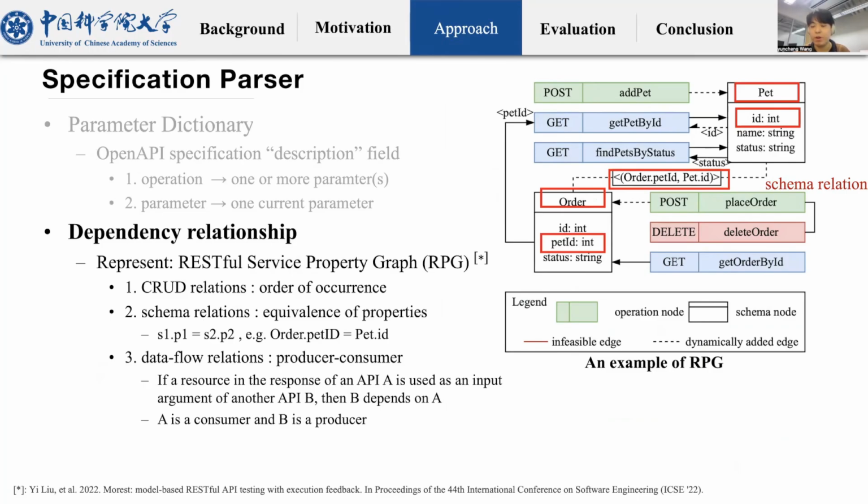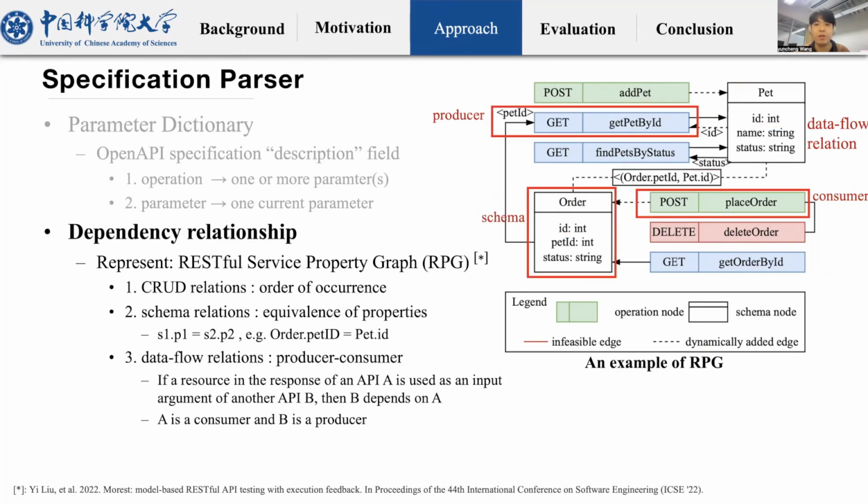If an attribute P1 in schema S1 is equivalent to an attribute P2 in another schema S2, it indicates that the two schemas are related. Thirdly, if a resource in the response of API A is used as an input parameter for API B, then we say that B depends on A. In this case, A is called the producer and B is the consumer. We refer to this producer-consumer relationship as a data flow dependency.